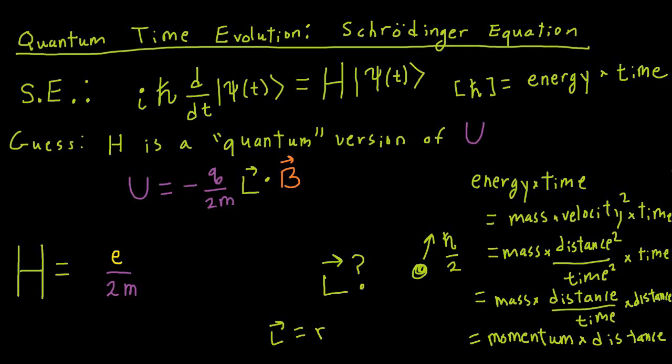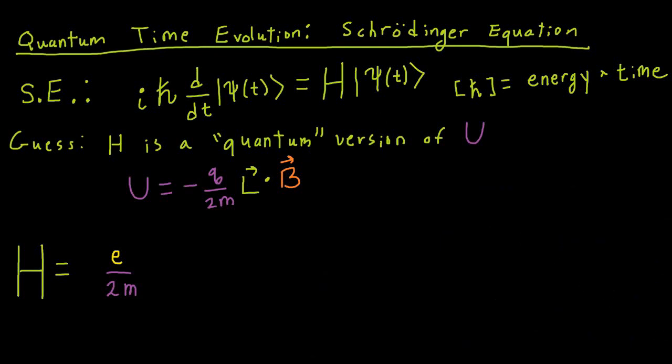So okay, h bar really does have the units of angular momentum, which is kind of funny given that it's appearing in these two quite different places. So that's h bar for you. It's a pretty interesting constant, right? It's funny that it appears here in the Schrödinger equation and then again as the angular momentum of an electron.